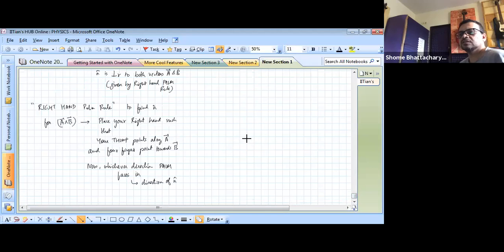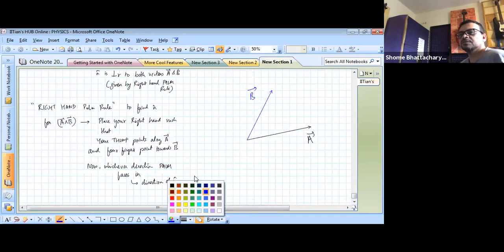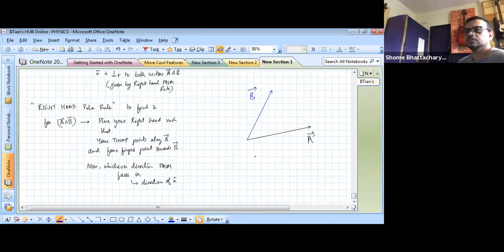So for example, if this is the vector A and this is the vector B, now what I'll do is physically I will place my right hand such that my thumb is pointing towards A, and the four fingers are pointing in the direction of B. So I'll place my hand over here such that that happens.